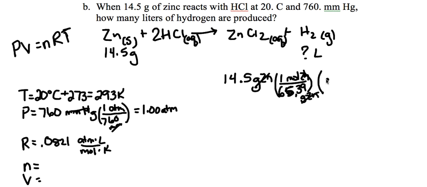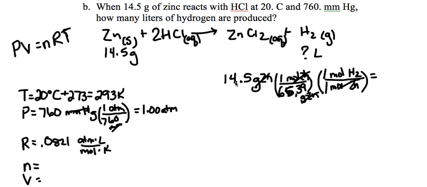I don't want moles of zinc, though. I want moles of H2. So for every 1 mole of zinc, according to my chemical reaction, the coefficient in front here is 1, there is 1 mole of hydrogen gas produced. Moles of zinc cancel, and you get moles of hydrogen gas produced.